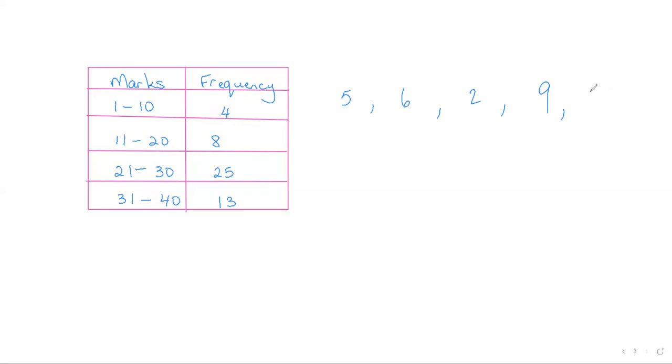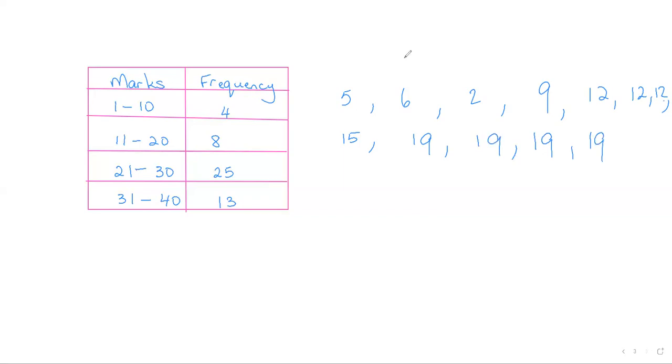So I'm just randomly doing numbers. So let's say between 11 and 20, let's say 3 people got 12. One person got 15, and the next person got 19, right? So 1, 2, 3, 4, 5, 6, 7, 8. So I just randomly write the numbers.